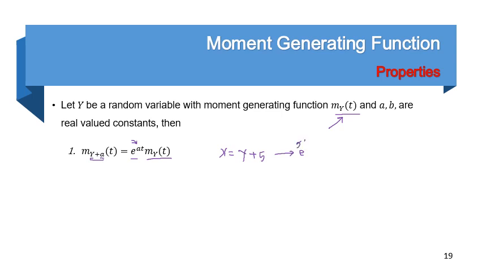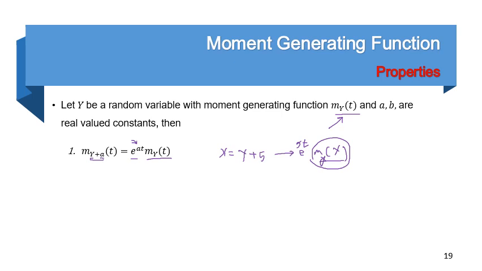So it's e to the 5t multiplied by M_y(t). I'm writing very slowly because I'm trying to write with the pen. So please look at it. This is M_y(t), which is the original I gave you. This is t and here is y. So you get the original M_y(t), the moment generating function I gave you originally above, and you multiply it by e to the 5t.